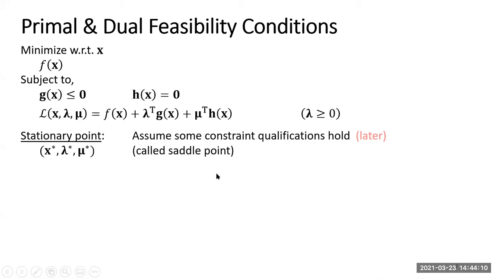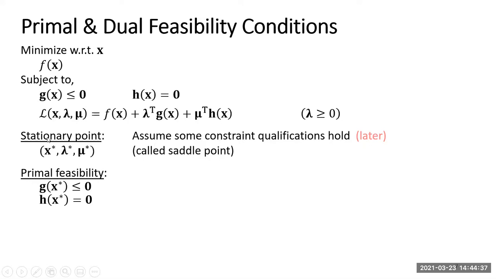Actually, did I already tell you about Slater's conditions? I think I might have, but so we have primal feasibility: g of x star less than or equal to 0, h of x star equals 0. These are the same as this.